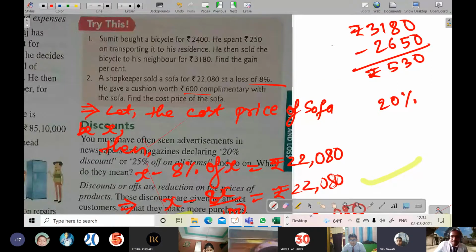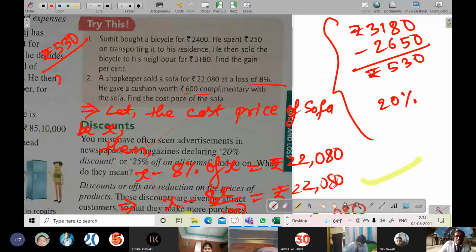Got it? You find gain percent: rupees 530 by rupees 2650, here you will be using 2650 as CP. Understood? Yes, I was using 2400, sir. That's why the answer was not coming. So now you will be getting the answer.